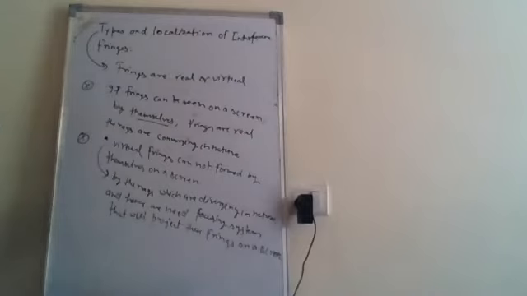We cannot see virtual fringes directly on the screen because they are diverging in nature. So these are the basic differences in the types of fringes in the interferometers we have discussed so far.